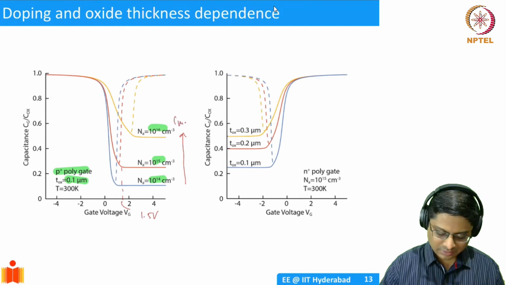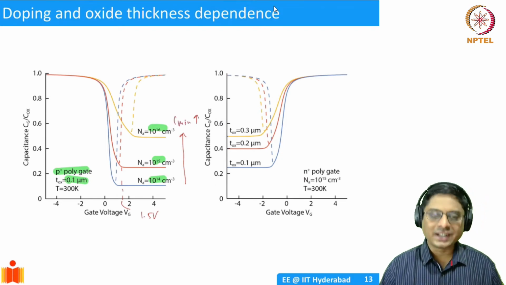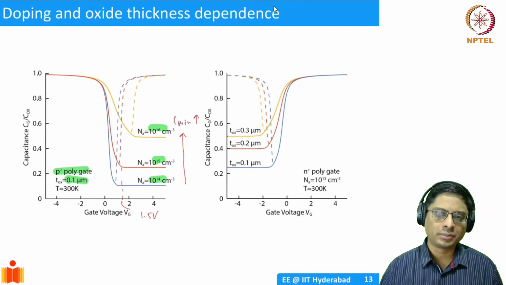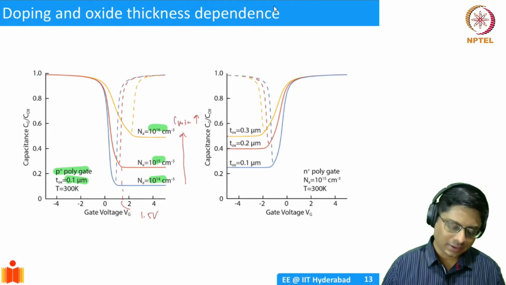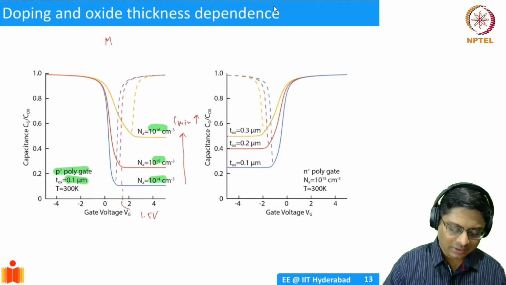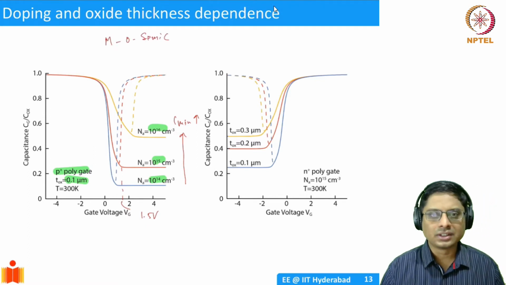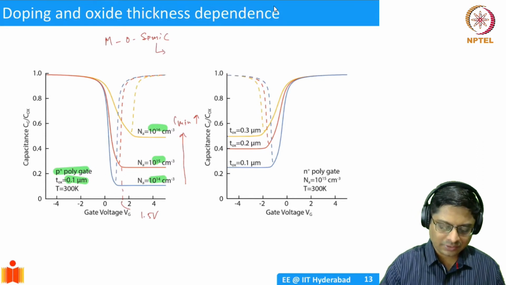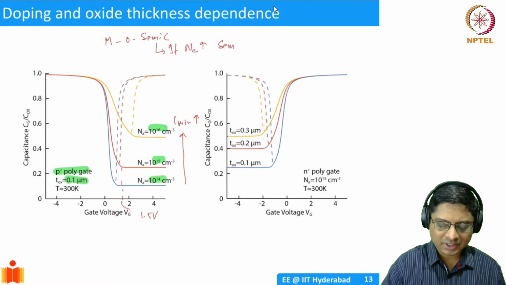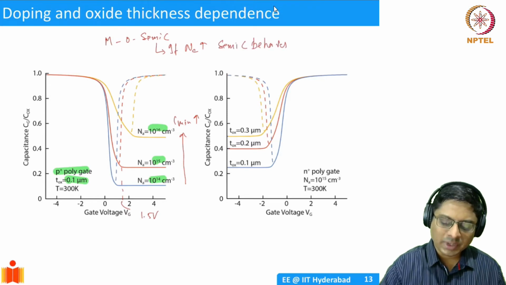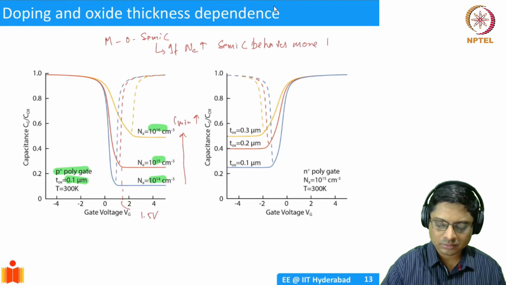So C min increases. And in a way that is sensible, because what does increasing the doping of the semiconductor mean? You have a metal, oxide, and a semiconductor. Now, if Na increases, the semiconductor behaves more like a metal, isn't it?